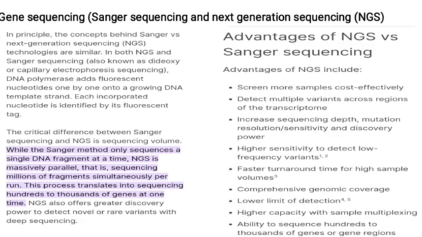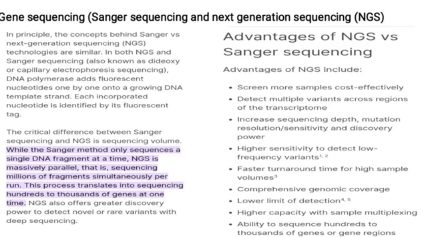You need to understand what is the principle. In principle, the concept behind Sanger and next generation sequencing technology are similar. In both next generation sequencing, that is NGS, and Sanger sequencing, also known as dideoxy or capillary electrophoresis sequencing, in both of them, DNA polymerase adds fluorescent nucleotides one by one onto a growing DNA template strand. Each incorporated nucleotide is identified by its fluorescent tag.